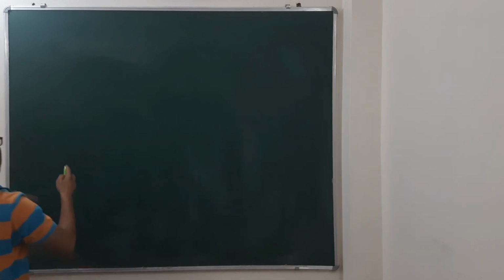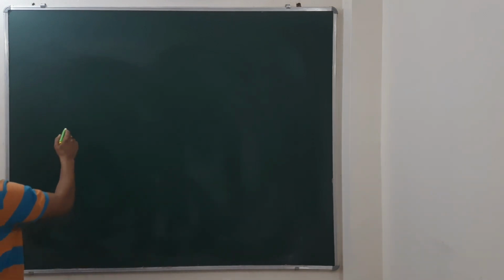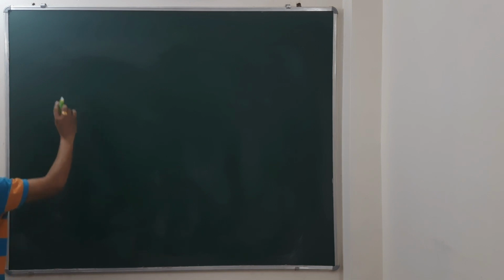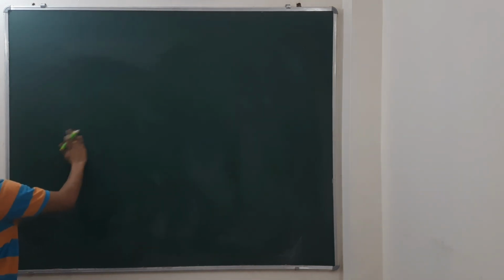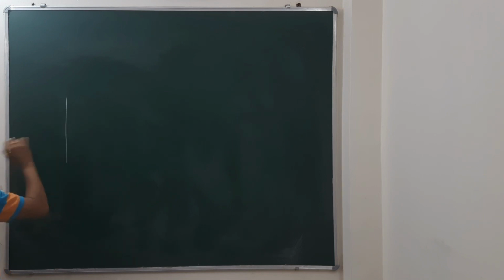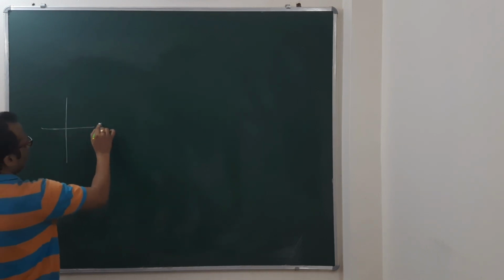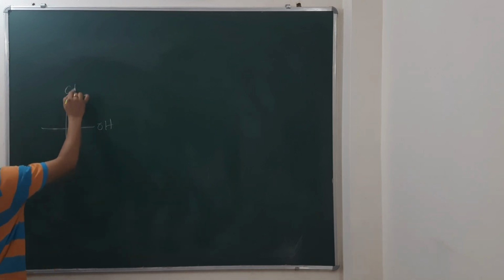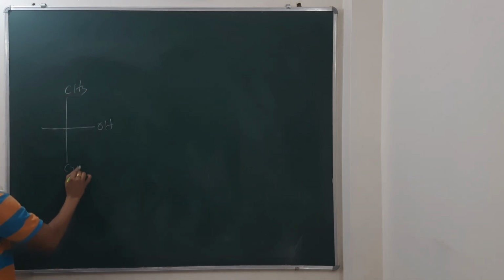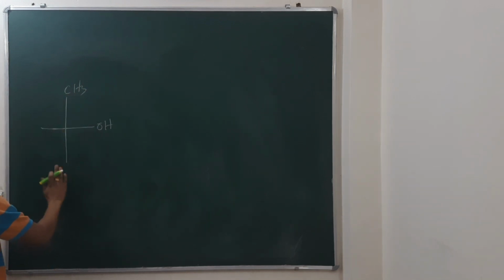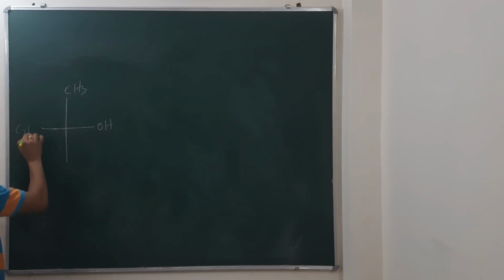See here, we have a C, and I write here, OH is there. Here is the CH3, C2H5, and H. Okay. So what happened?